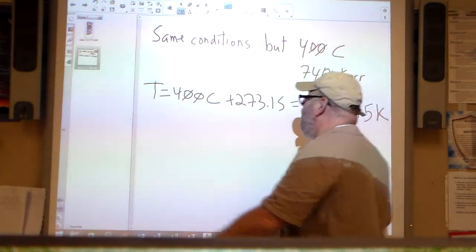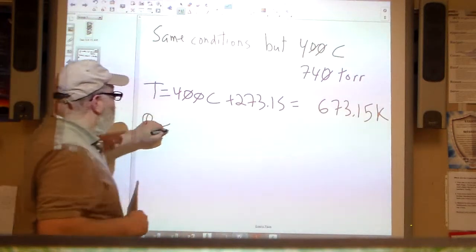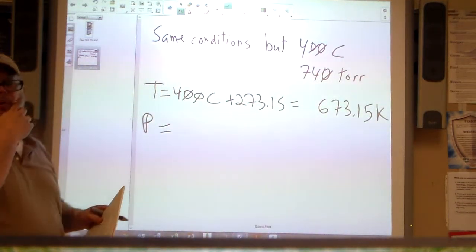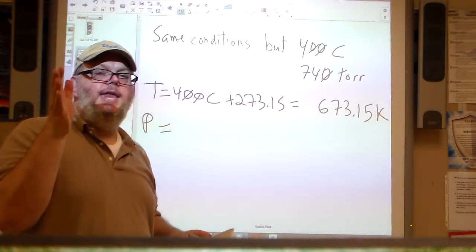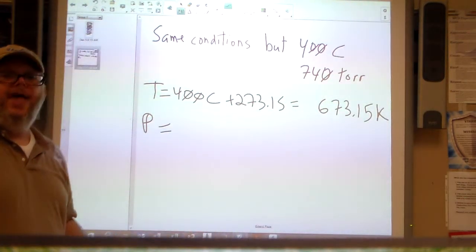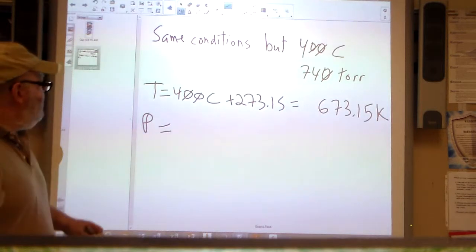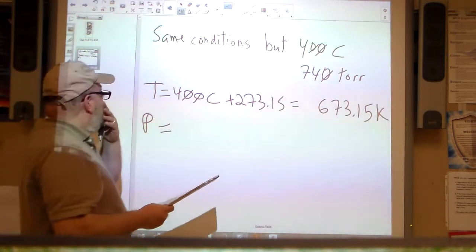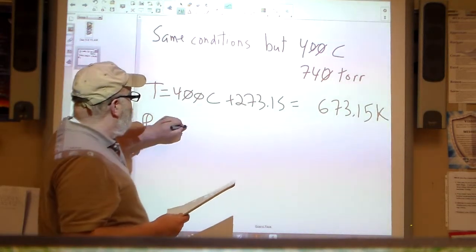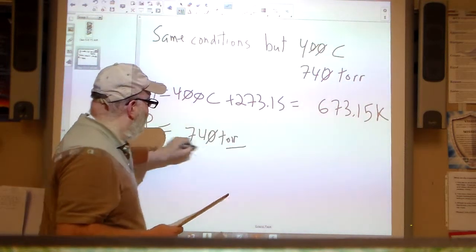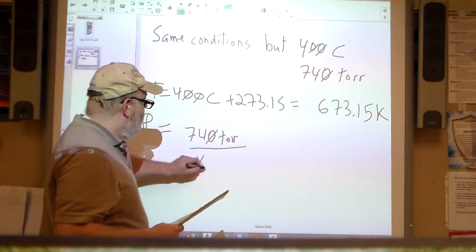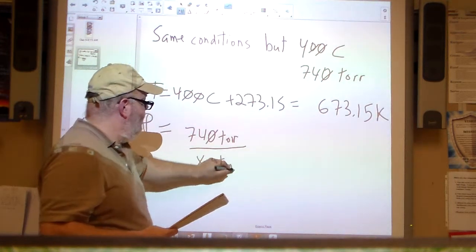Now for my pressure, we want to change that to atm, and the reason we want to do that is because of our R constant, because that has the unit of atmosphere. So that would be an important thing. So pressure, we know 740 torr over, well, we don't know what the atmosphere is.